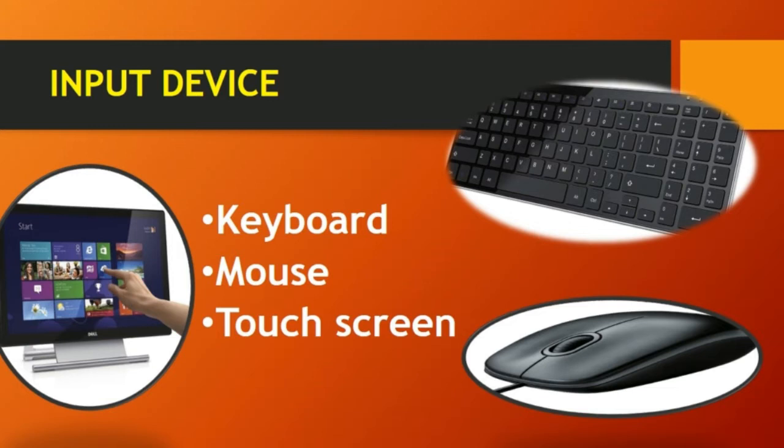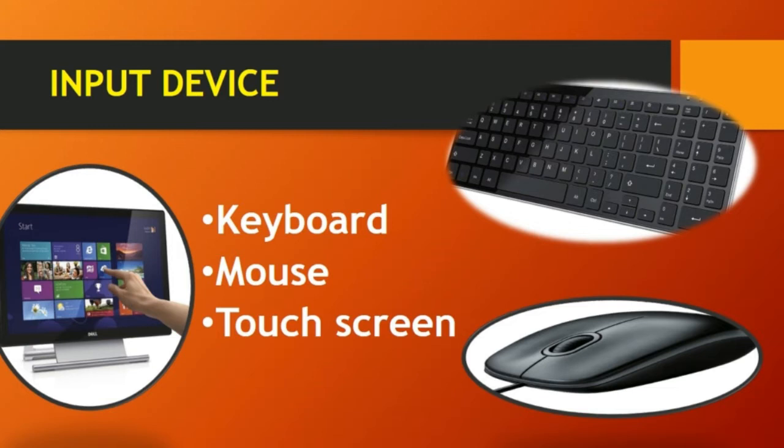If you want to type something, we type on the keyboard. If you want to click something, we use the mouse. The same with touch screen, for example in a mobile phone or laptop, where we touch the screen with our finger.